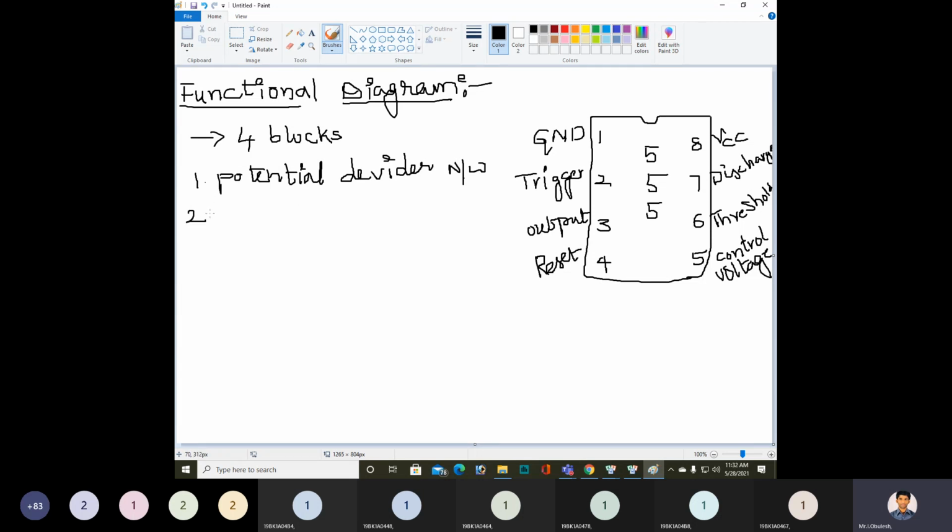Next, the second one is comparators. Third one is flip-flops.